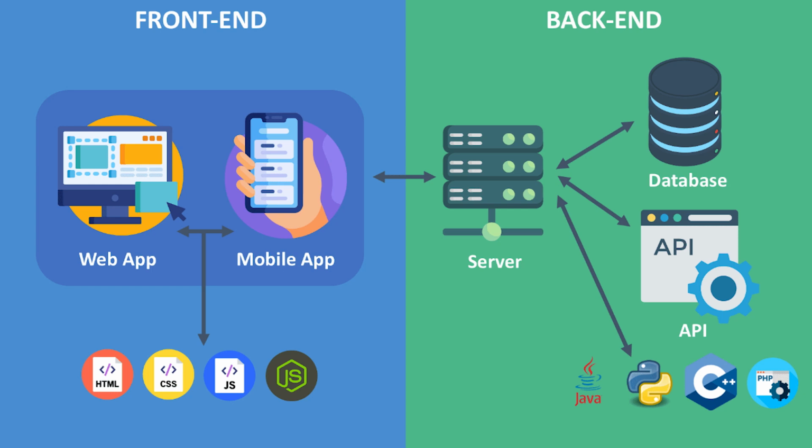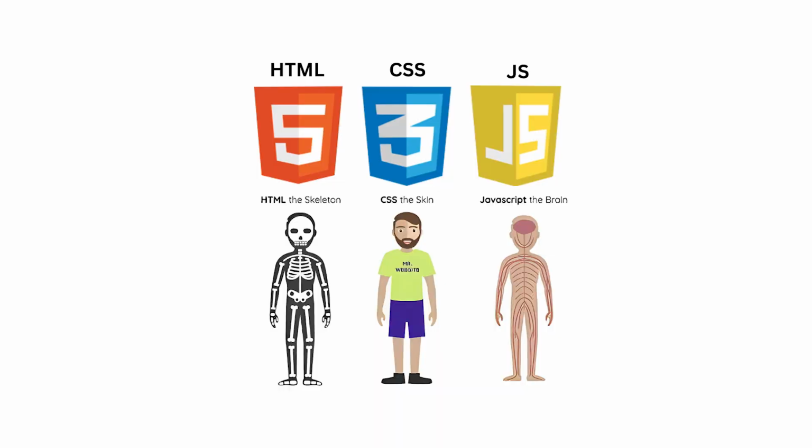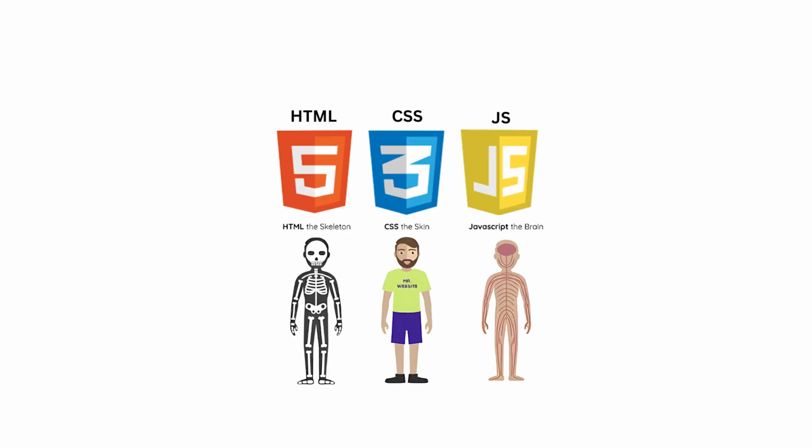The front end can be created using several technologies, including HTML, CSS, and JavaScript. Here is an analogy of how HTML, CSS, and JavaScript are related to each other. HTML provides the structure, CSS controls the look and feel, and JavaScript provides the functionality. In this video, we are going to use HTML with Bootstrap, a CSS framework, and jQuery, a JavaScript library.